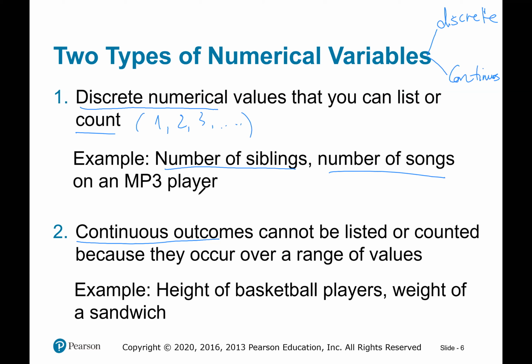And for the second type, continuous outcomes cannot be listed or counted because they occur over a range of values. So again, they cannot be listed or counted, right? Examples are the height of a basketball player, the weight of a sandwich, something like that, right?